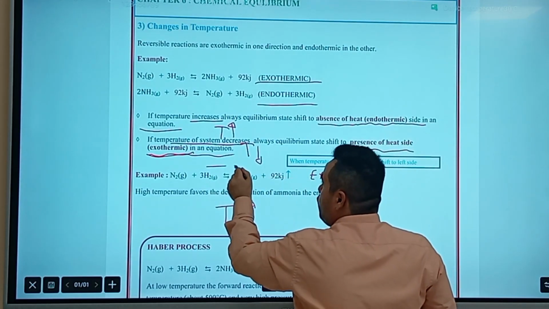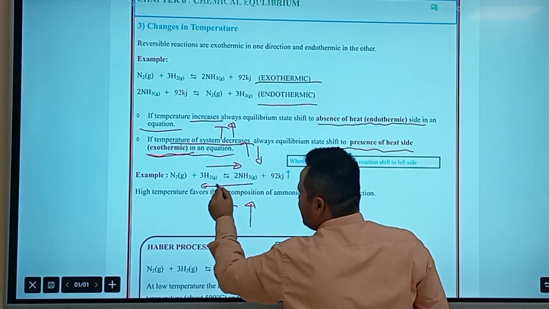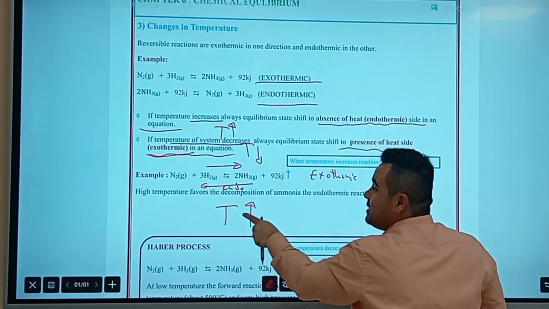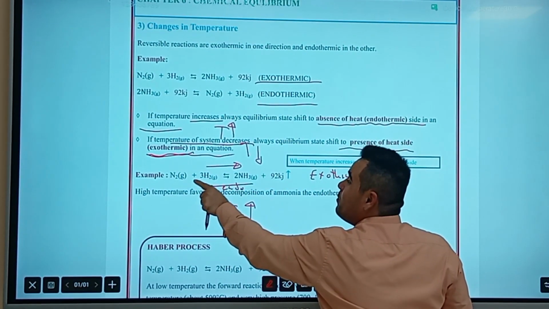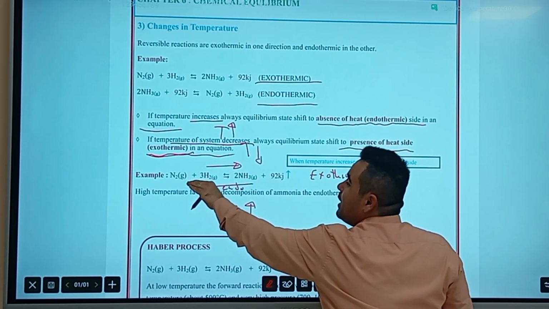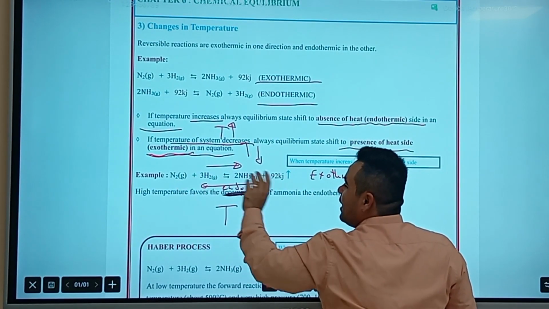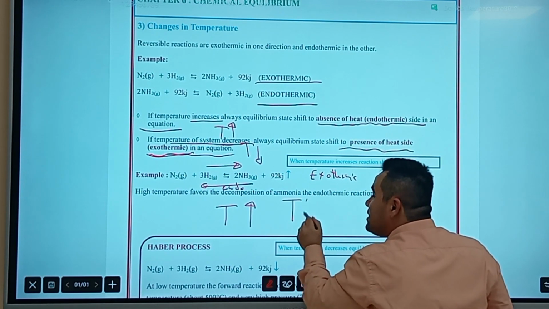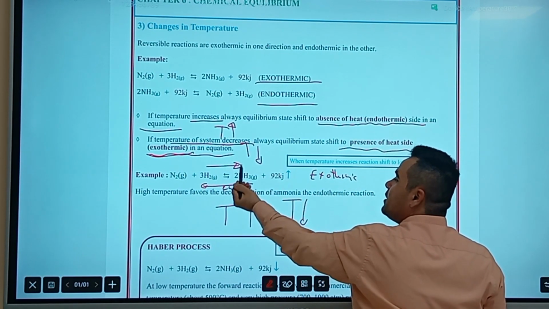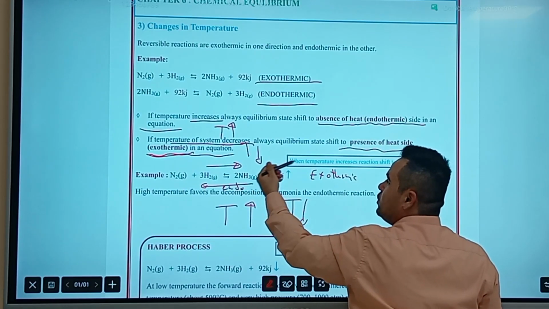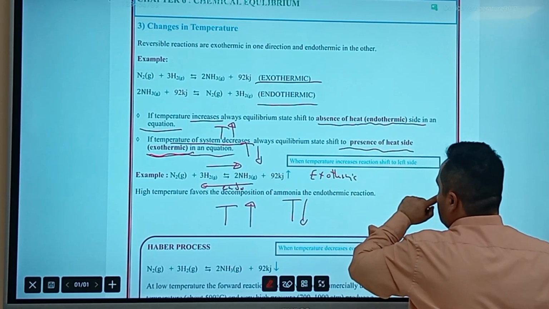In this, the forward is exo, but the reverse is endo. So increasing temperature favors the endothermic side, which is the formation of the reactant. How about decreasing temperature? It favors toward the exothermic side, which is the formation of the product.